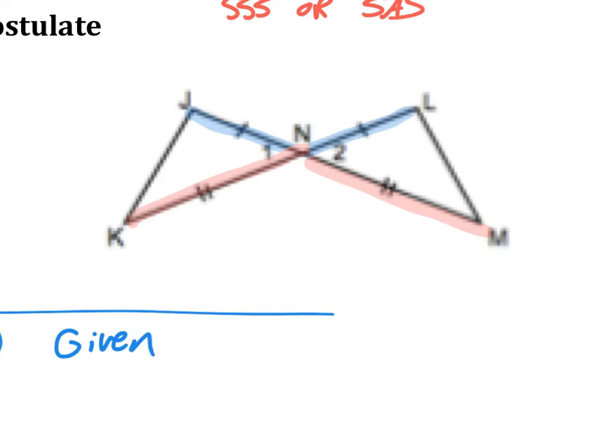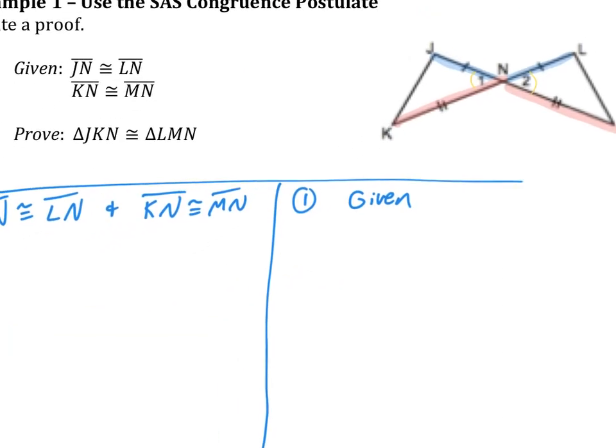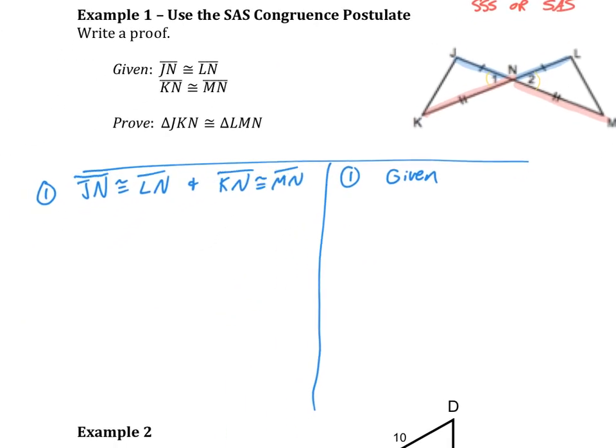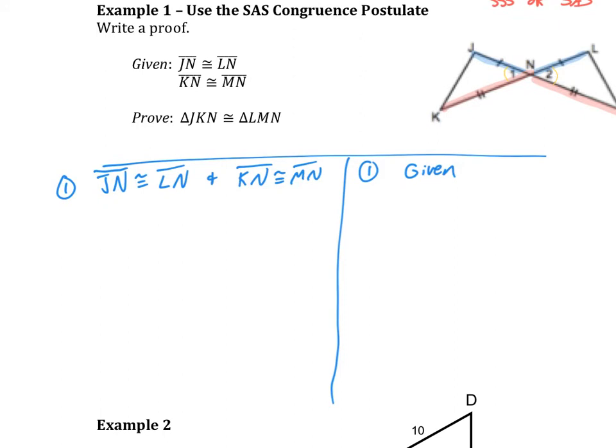Are there any angles that we know are congruent? Yeah, angle 1 and angle 2. Angle 1 is congruent to angle 2, and why is that? The reason we know they're congruent is actually because what kind of angles are those?